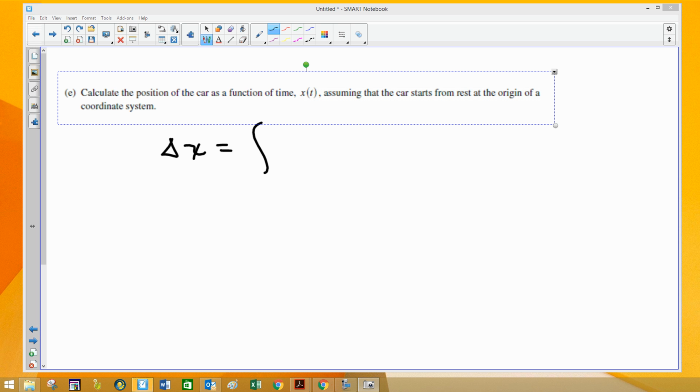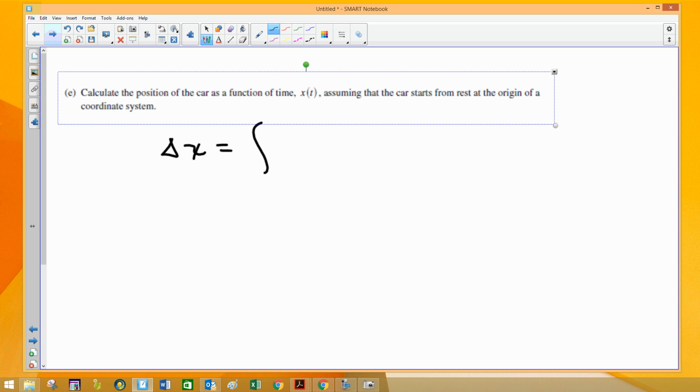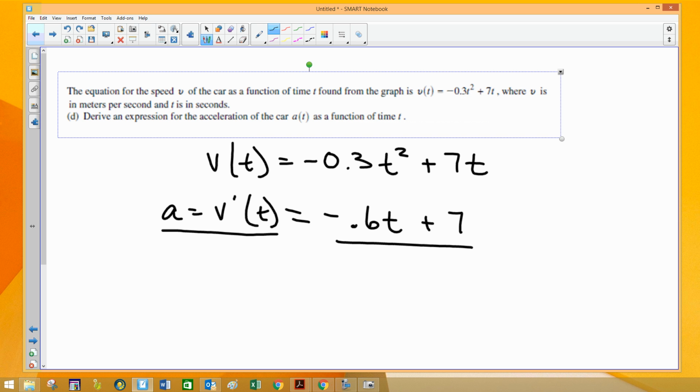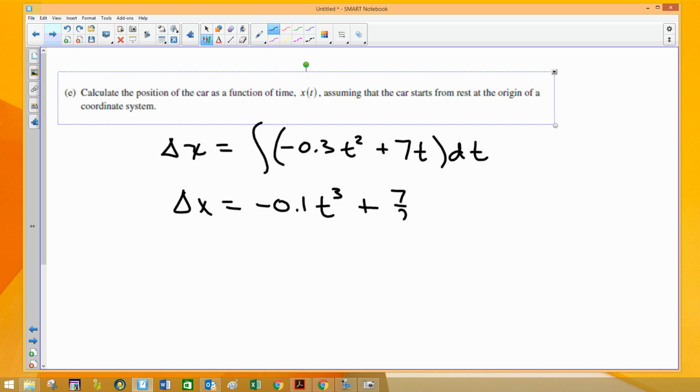And the equation was negative 0.3t squared plus 7t dt. And so add 1 to the exponent, divide by the new number, and you get 7 halves t squared plus c.